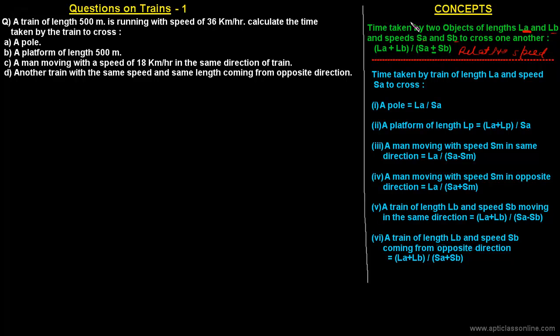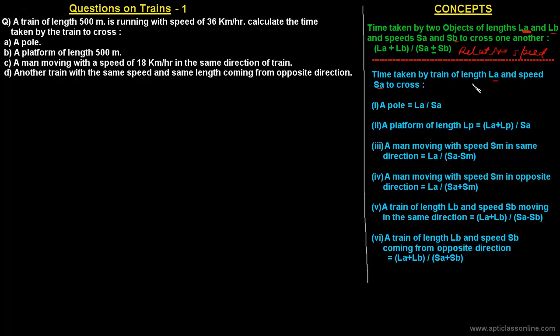So this is the basic formula. On the basis of this basic formula, I have written formulas for certain specific cases. We will discuss them one by one. Like the time taken by a train of length LA and speed SA to cross a pole.